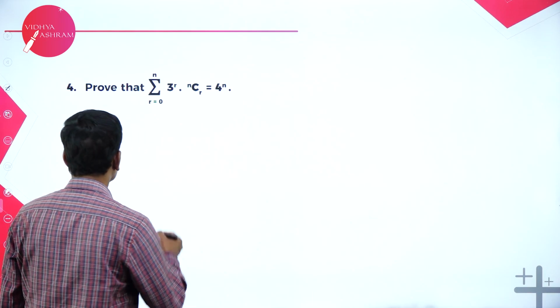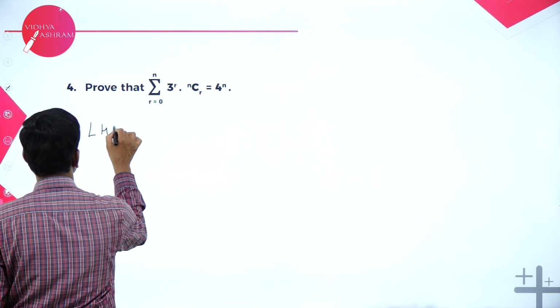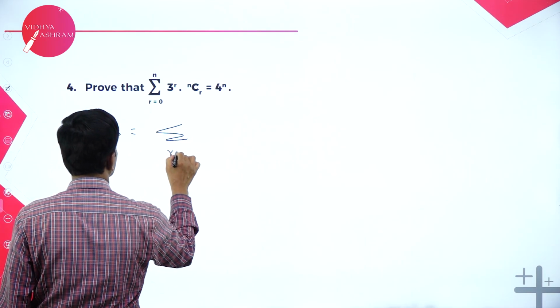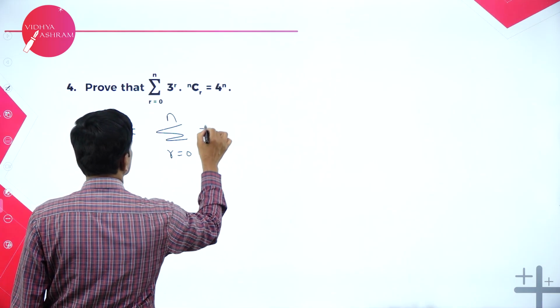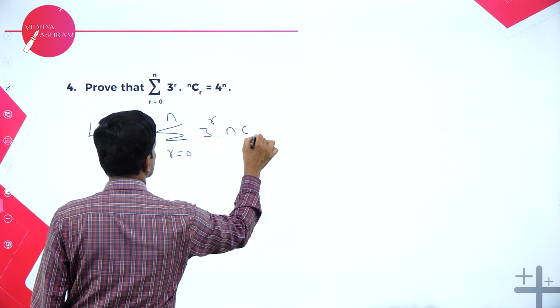Now write down this LHS: sigma r equal to 0 to n, 3^r nCr.